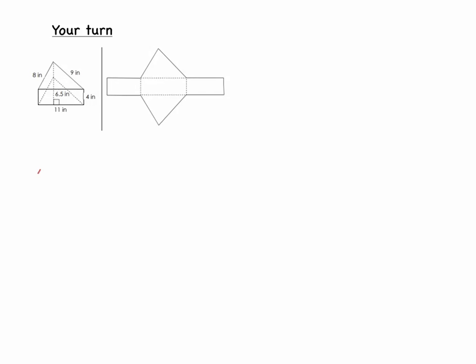Alright, so let's try to figure out the area of these rectangles. So the first one, we have 11 by 4, which is 44. This back one, we have 9 by 4, which is 36.